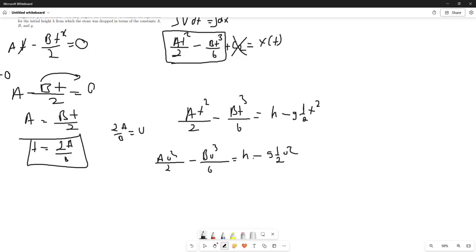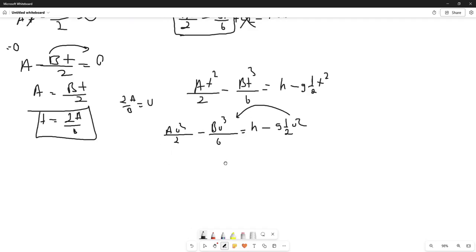So we should isolate h and move these quantities to the left side: a u squared divided by 2 minus b u cubed divided by 6 plus g times 1 divided by 2 u squared.